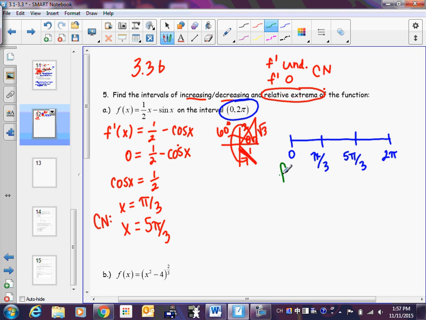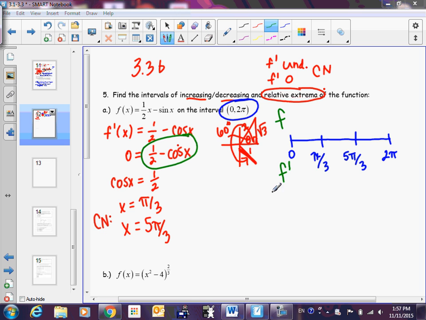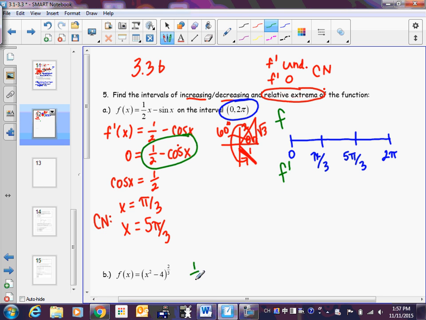So we had a little thing yesterday where we wrote f prime at the bottom and f at the top. We picked a number, any number between 0 and pi/3, and went back to the derivative. What would be between 0 and pi/3? Pi/6. Off to the side we need to do a little scratch work to figure out whether this is positive or negative.